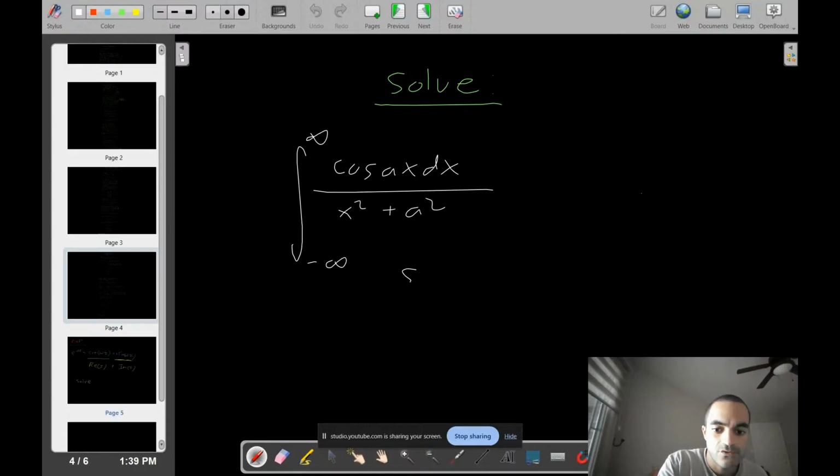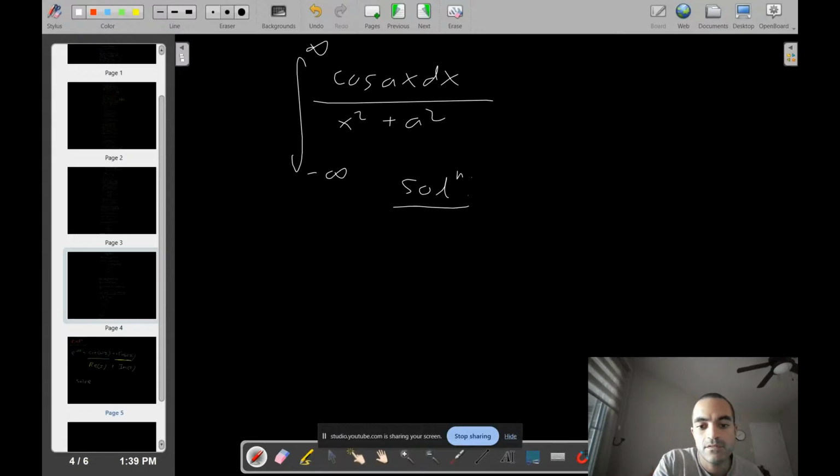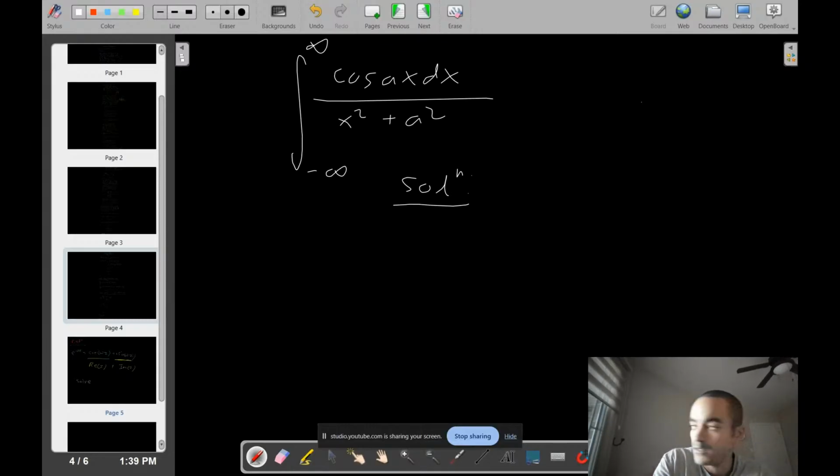First, let's get the singularities. We have 1 over x squared, so f of z is equal to 1 over z squared plus a squared.